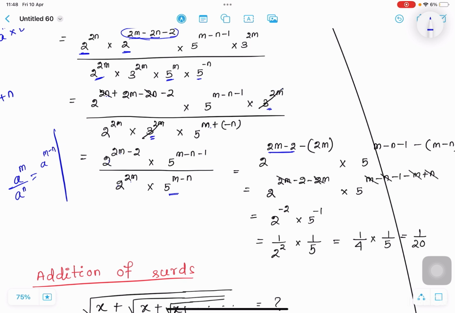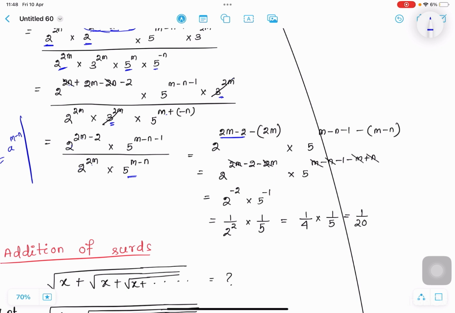This line was written by mistake and I can't erase it, so neglect this line. So 5 to the power m minus n I have written, minus then m minus n. So m minus n minus 1, here the negative sign is there, so minus m, negative negative plus plus n. Plus 2m minus 2m cancel out, 2 to the power minus 2, 5 to the power minus 1.